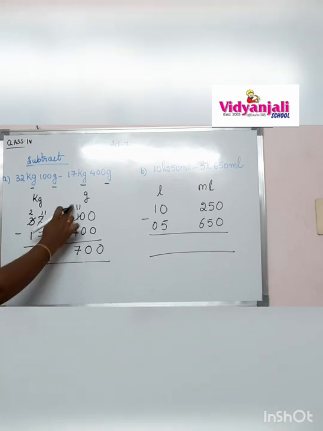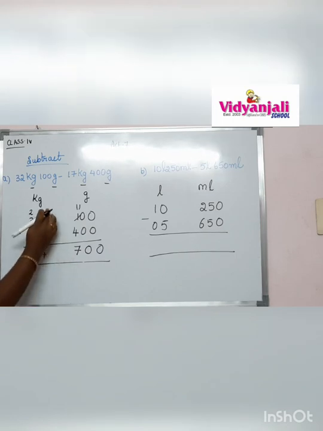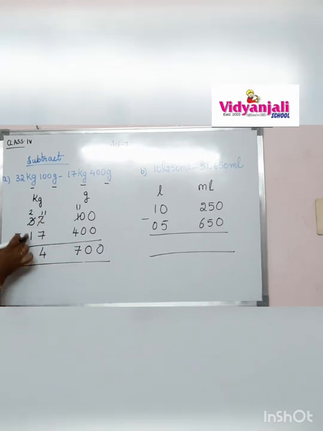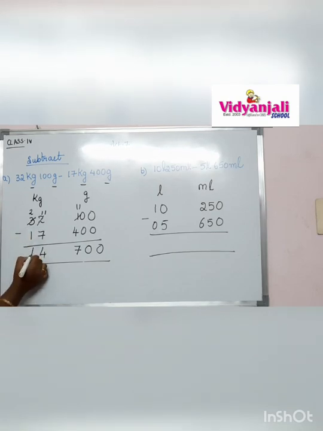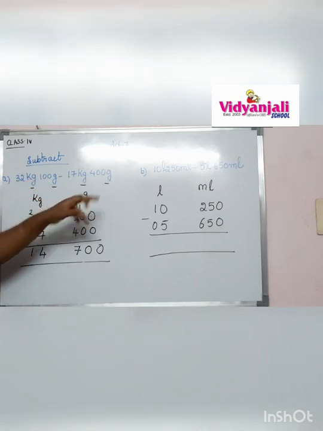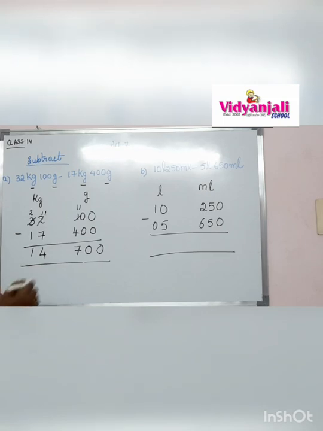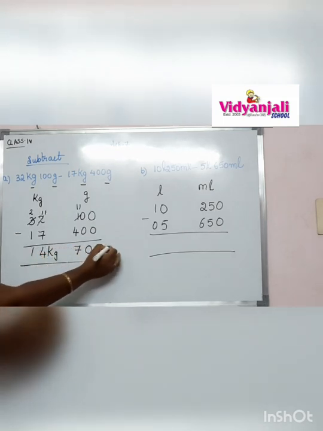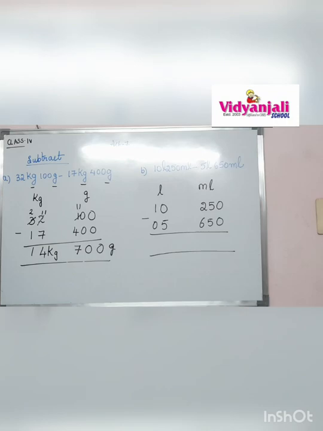Now 2 minus 1 is how much? 1 itself. So therefore by subtracting 32 kgs 100 grams from 17 kgs 400 grams, the answer we obtained is 14 kgs 700 grams. Okay.